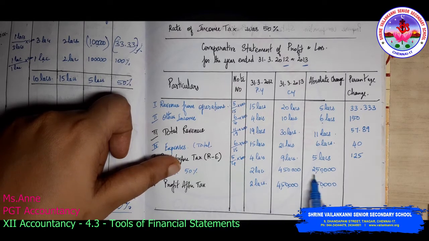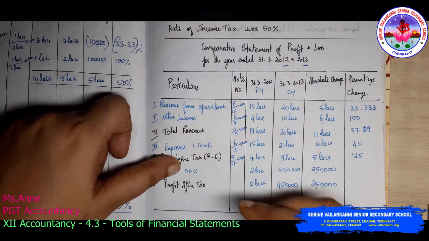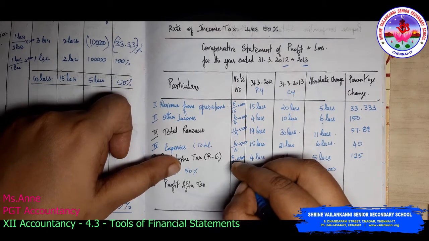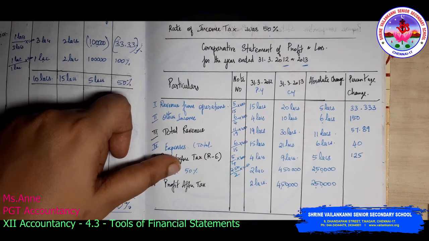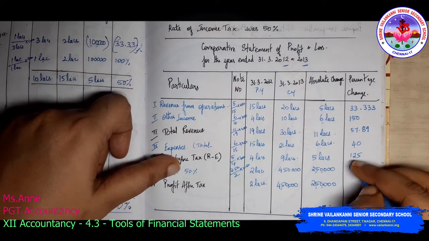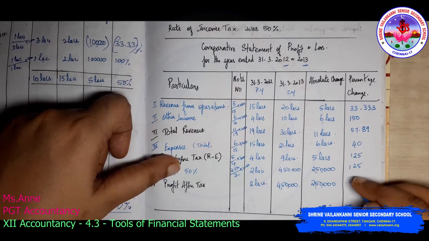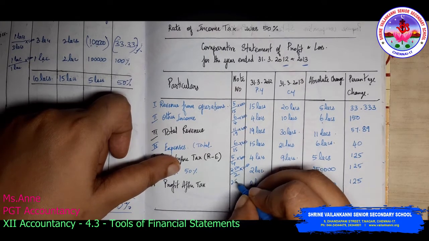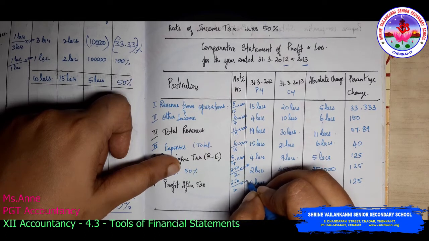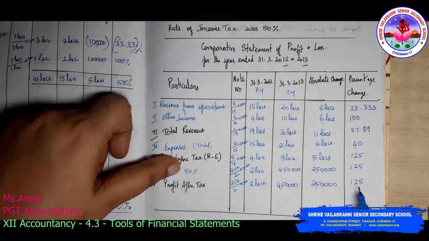Then 2.50 divided by 2 into 100, again I am getting 125. Here the same figure, so 125 will be my answer.